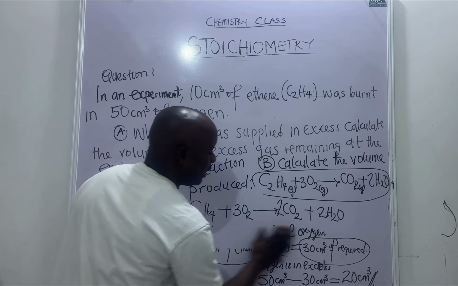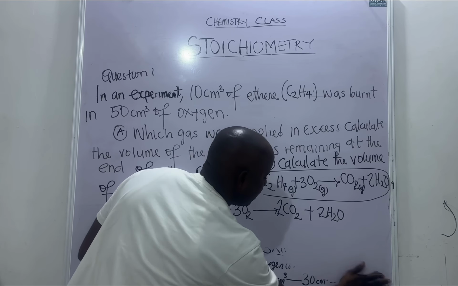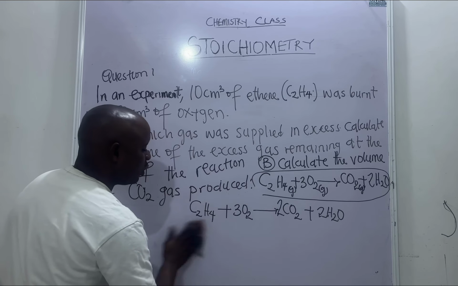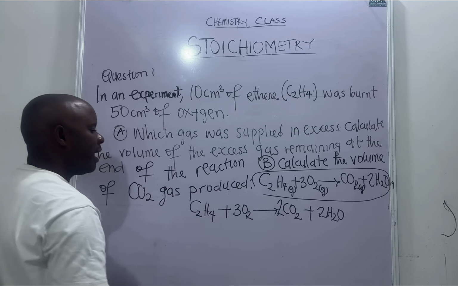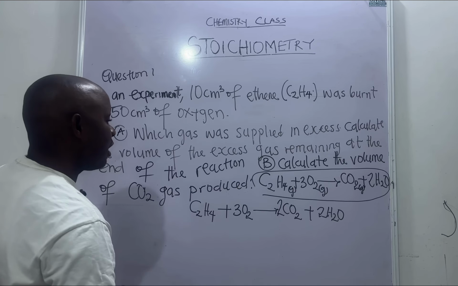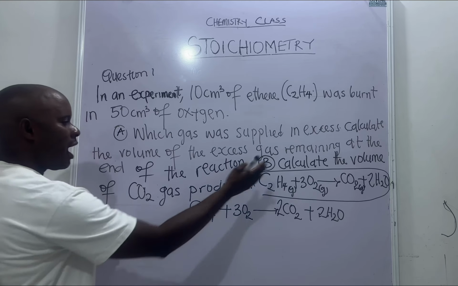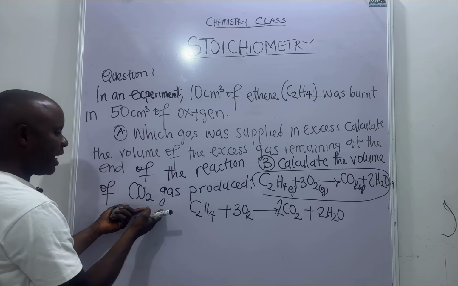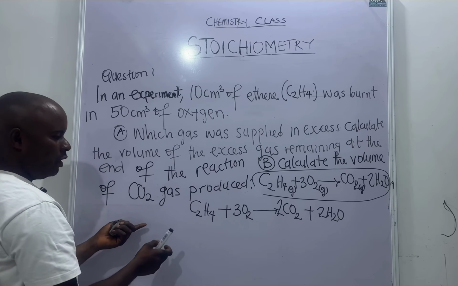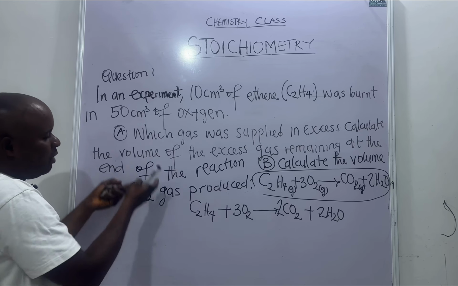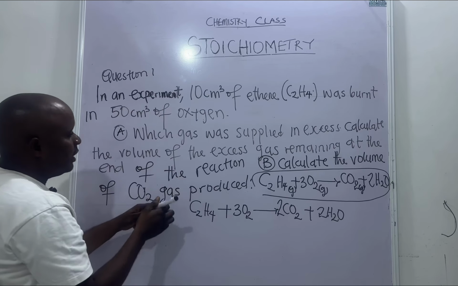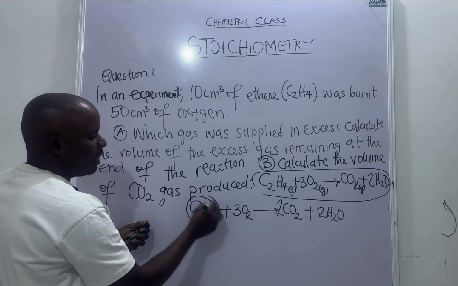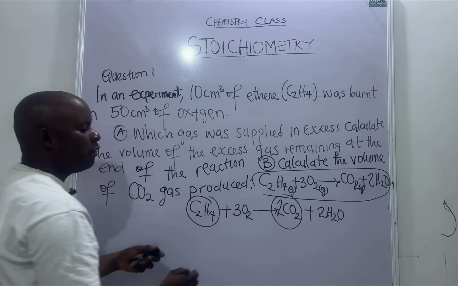So let's move ahead as well. We can use a given chemical equation to know the relationship between the amounts of the reactants and products that participated in a given calculation. Calculate the volume of carbon dioxide gas produced. So we are going to compare the moles of ethene and carbon dioxide.